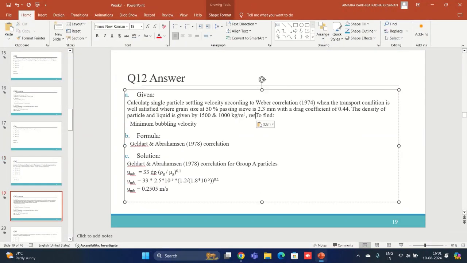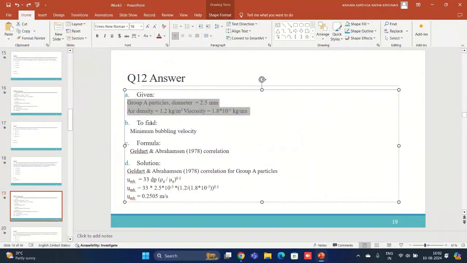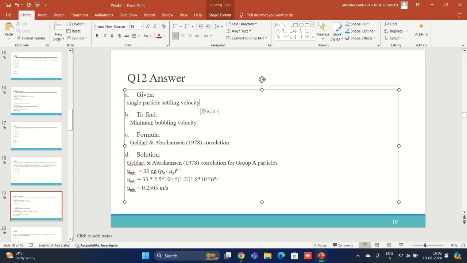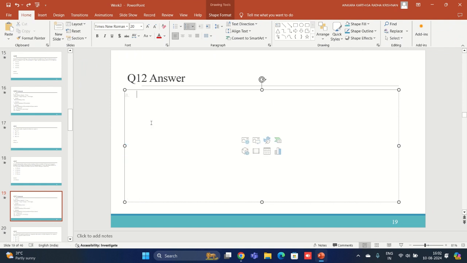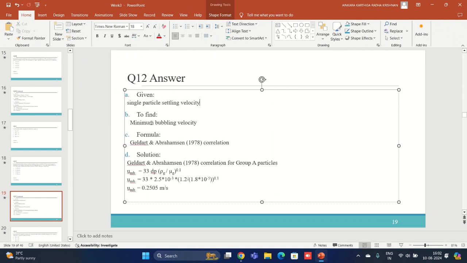Here the fluid is water, and from the question we'll just split what we need to find. We are asked to find the single particle terminal velocity.